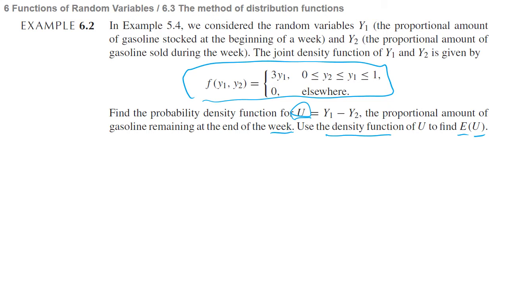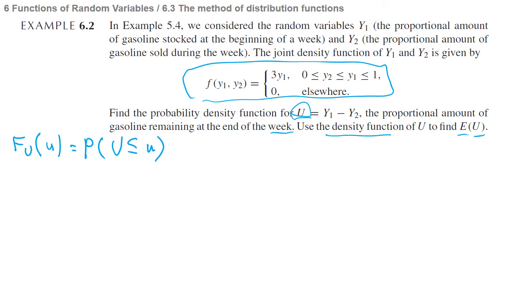And so what is the method of distribution function? We want to firstly calculate F_U(u), which is the probability that U is less than or equal to small u, and we will differentiate it with respect to u to calculate the density function for U.